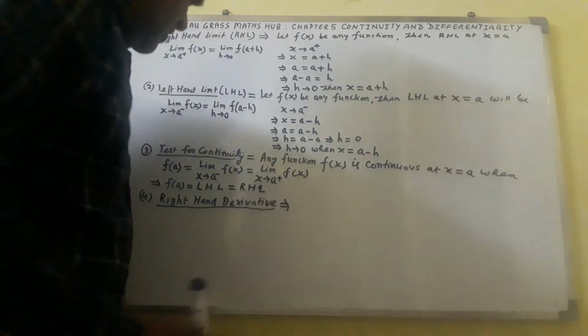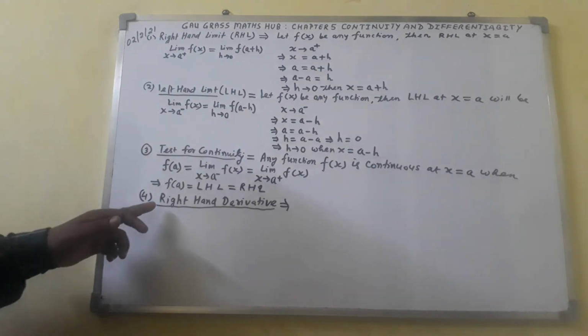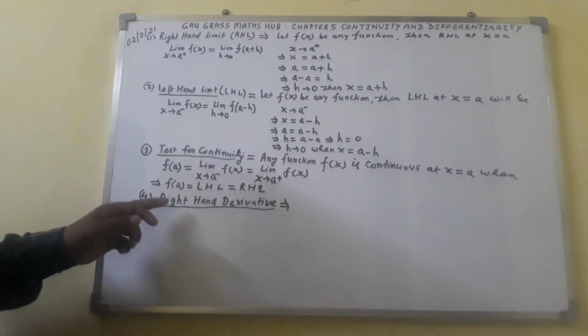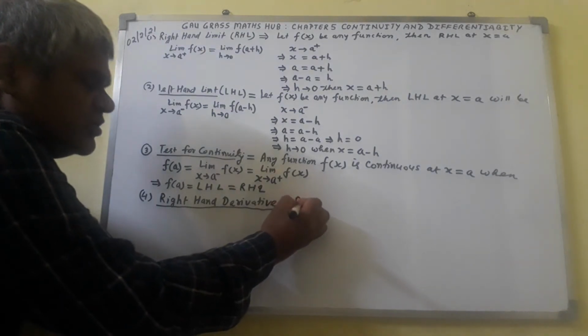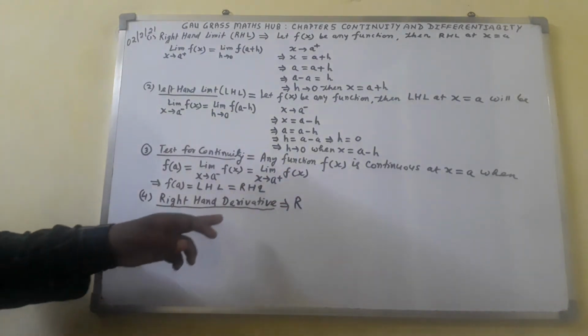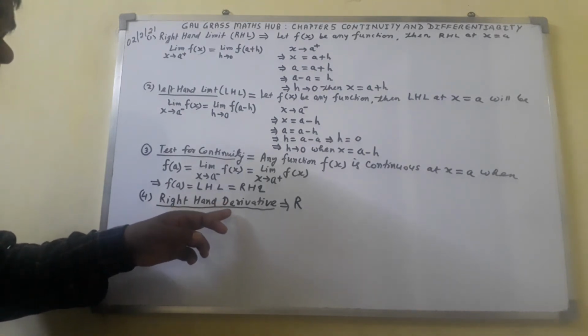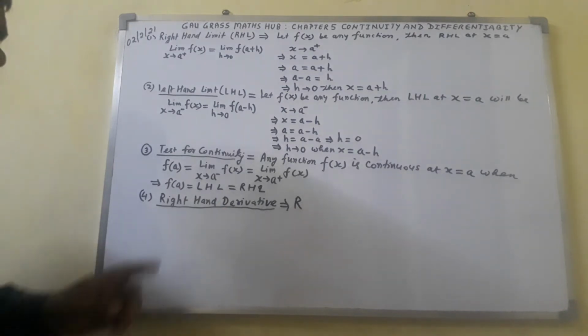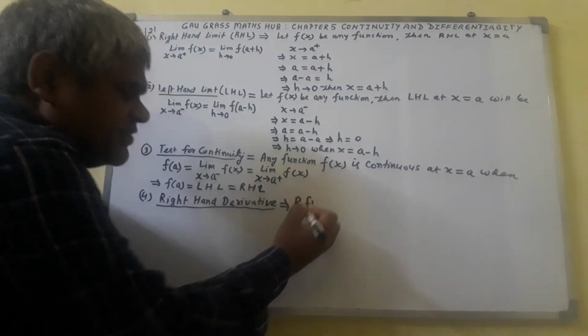Right hand derivative can be represented as, here you can see capital R is there, so here write capital R. Derivative means differentiation of first order, that is known as derivative. So for first order, here I shall write f dash.